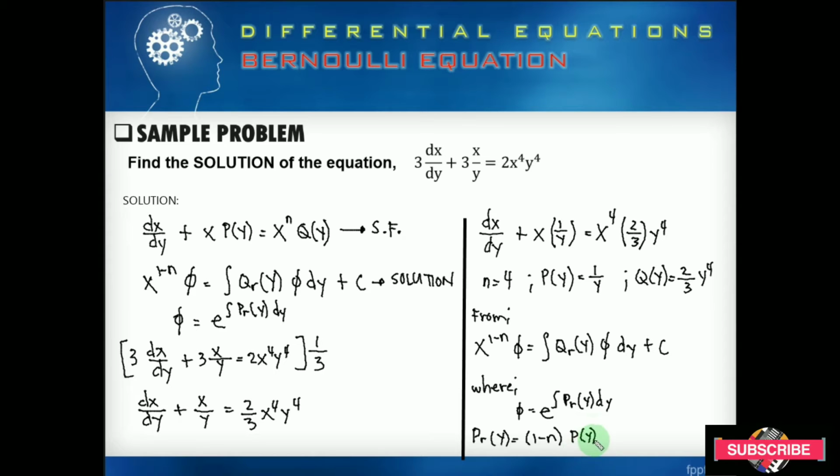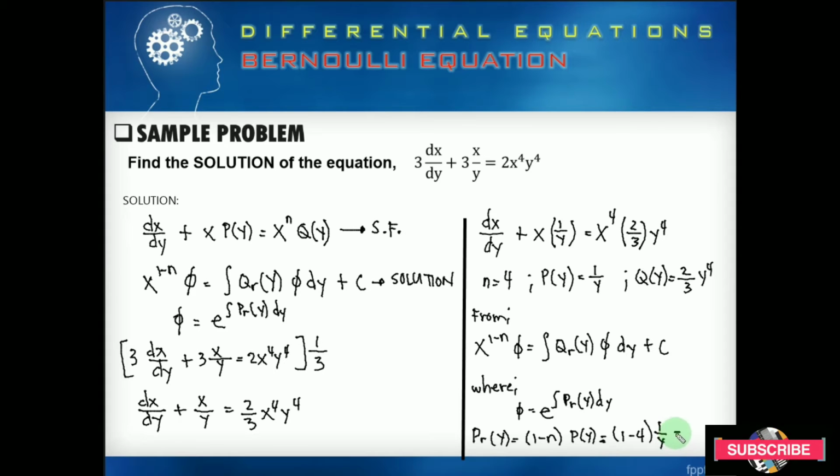At saka itong n natin, meron na tayo which is 4. So ang mangyayari dito is substitute natin. So we have now this 1 minus 4, okay? Saka itong p as a function of your y is meron tayo dito 1 over y, okay? So 1 minus 4 times this 1 over y, okay?